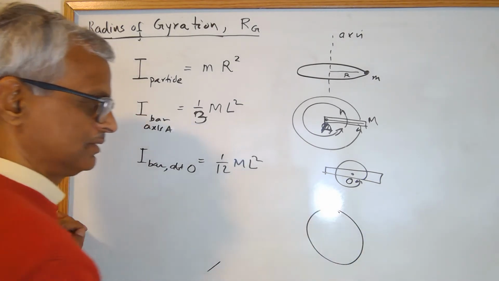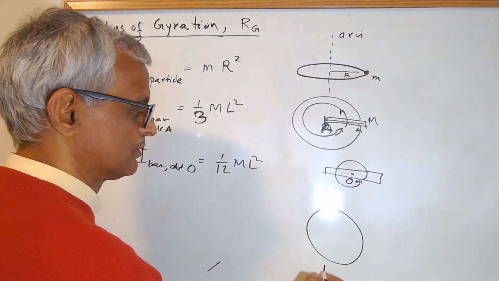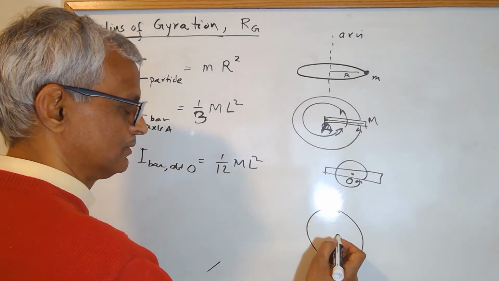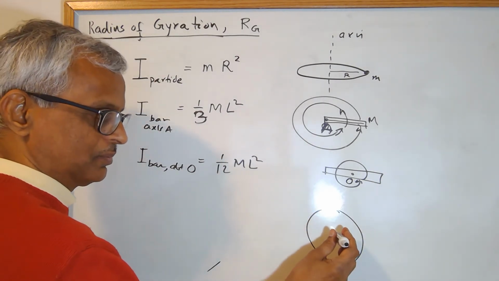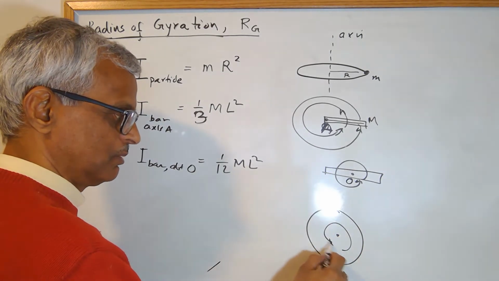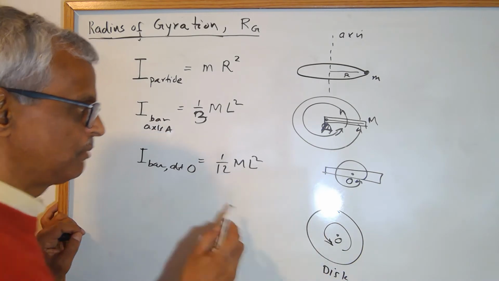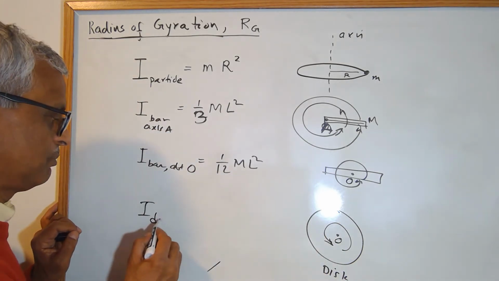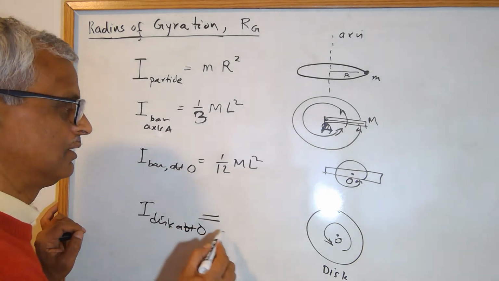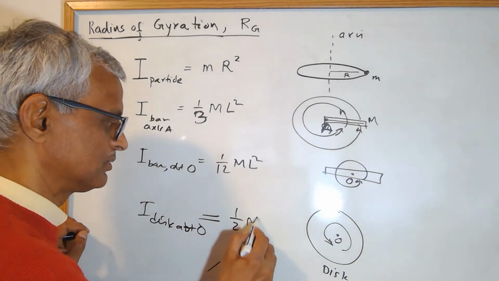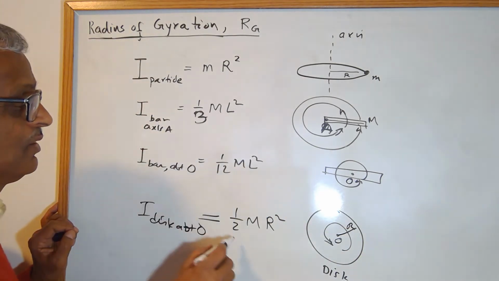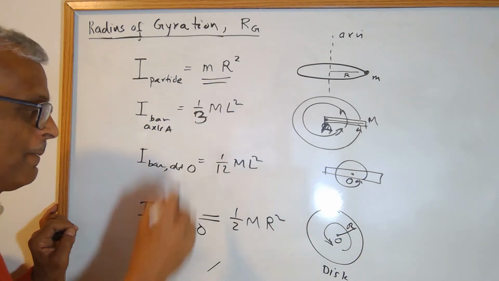When I have a disk, not a sphere, a disk, like a computer disk, and this is the axis and I'm rotating about the center, I of the disk about the center is 1 over 2 m r squared. This is r. So they are not all similar to this, okay?